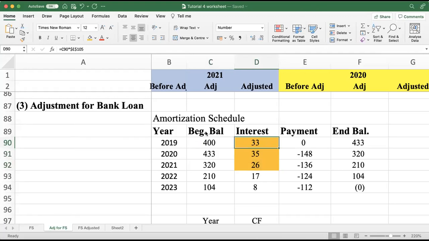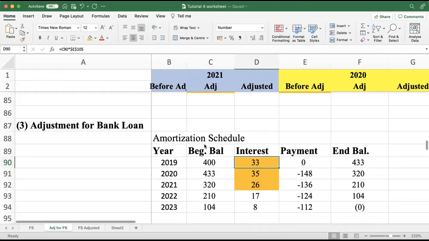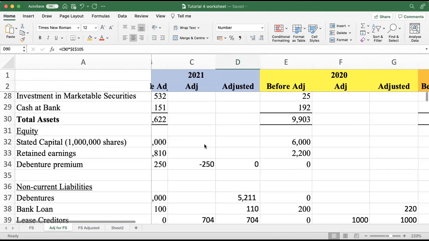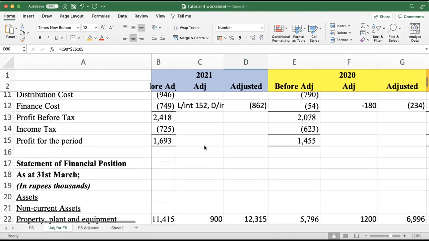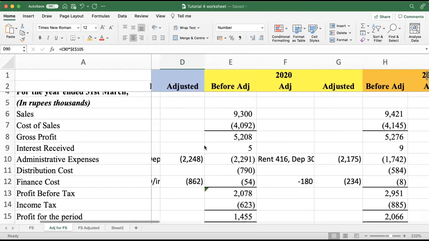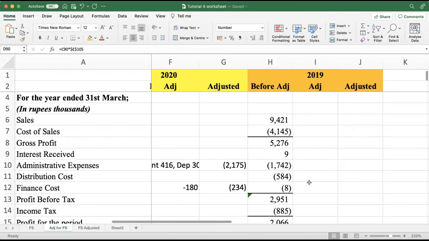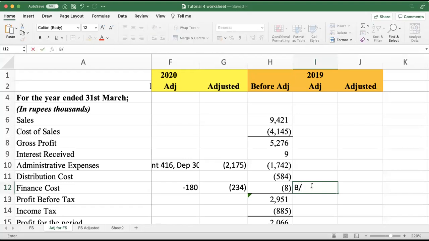So you need to add 33 under finance cost 2019.